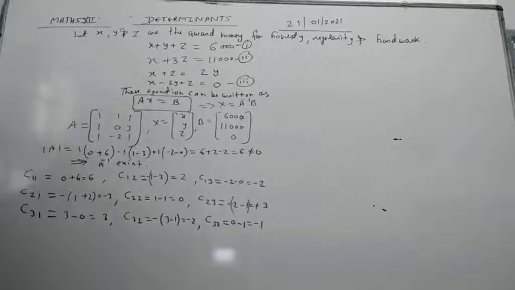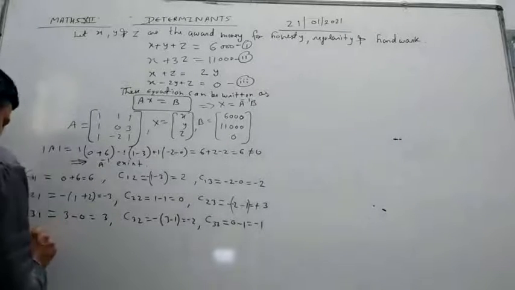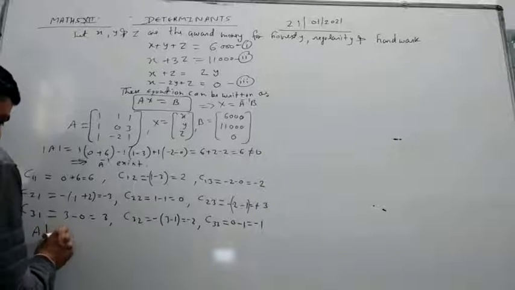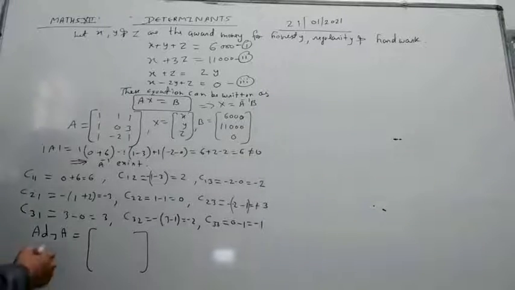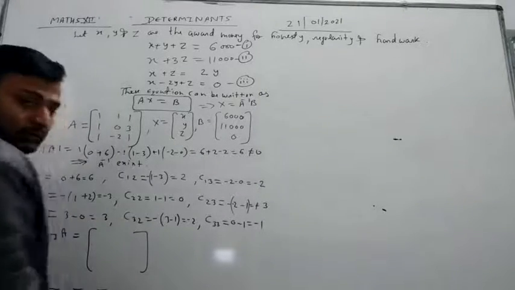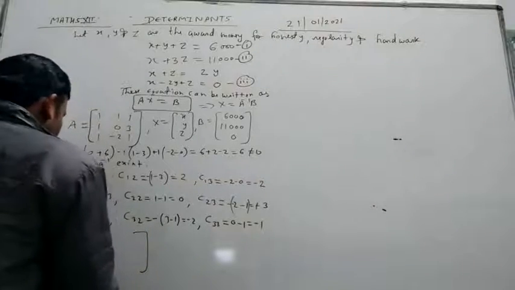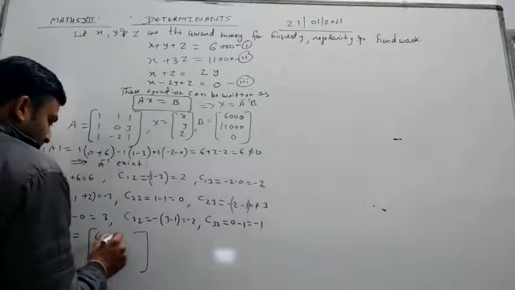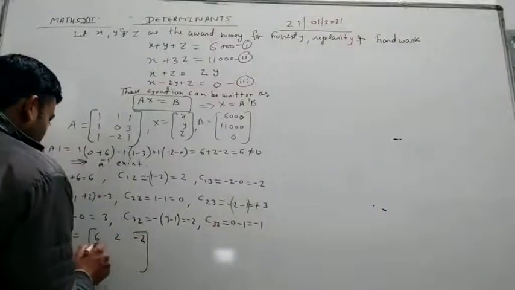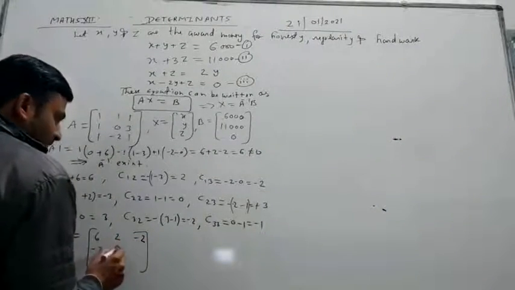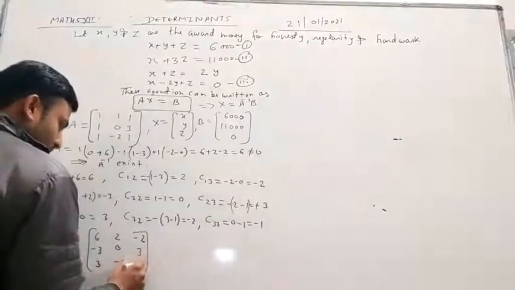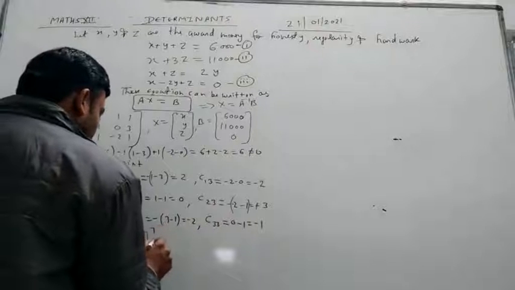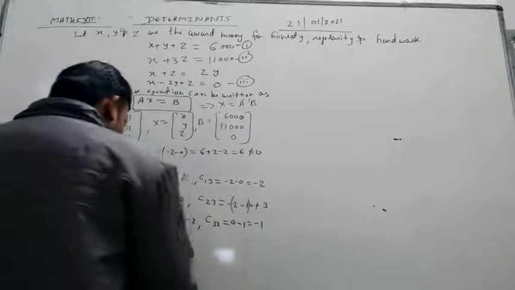Okay student, now student, after getting the cofactors, we will write what? Adjoint of A. So adjoint of A, student, you know, it is the transpose of cofactors. So cofactors are 6, 2, minus 2, minus 3, 0, 3, 3, minus 2, minus 1, and its transpose.